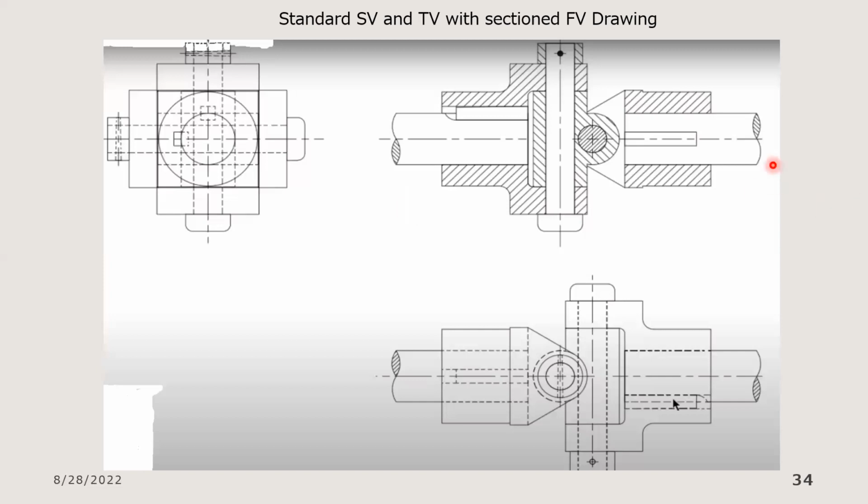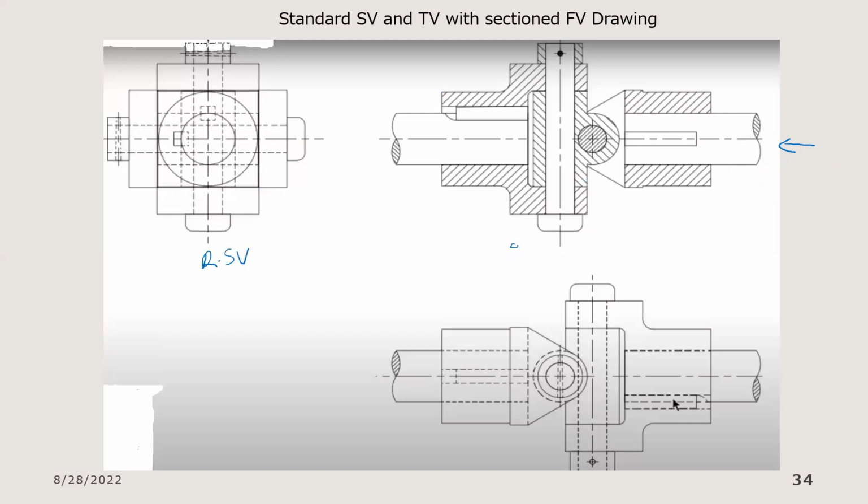Because in the right side view, this is our right. So we are viewing from this direction and projected onto the left. So this is actually our right side view.